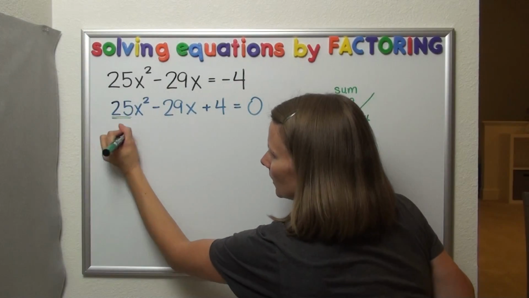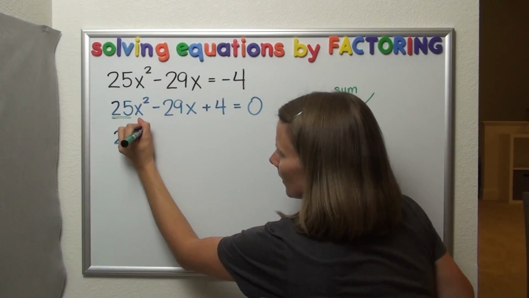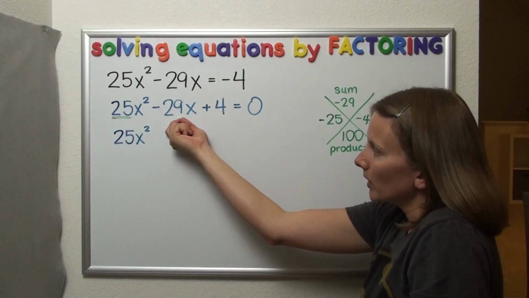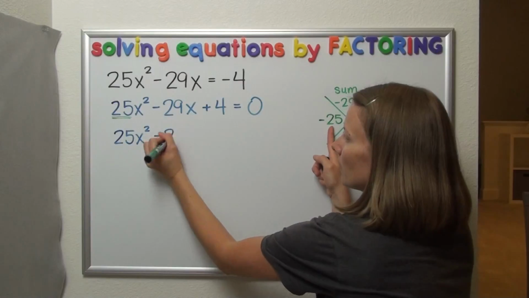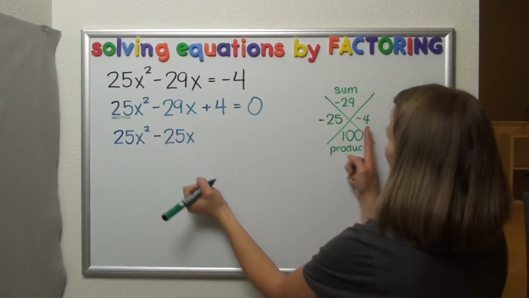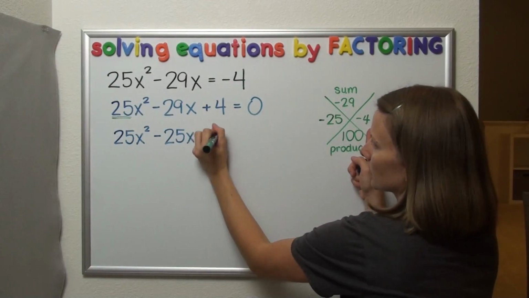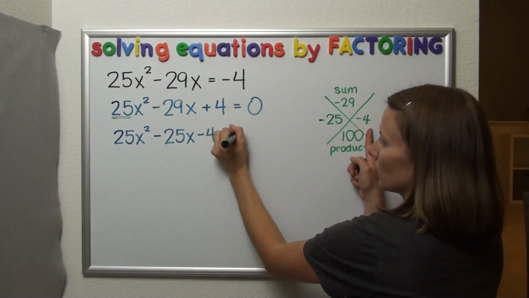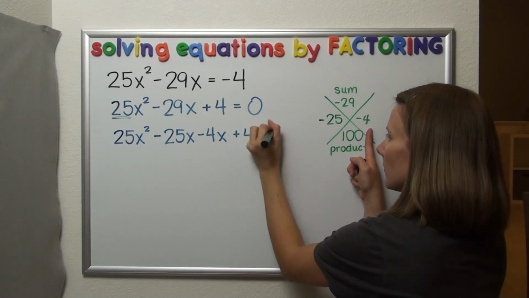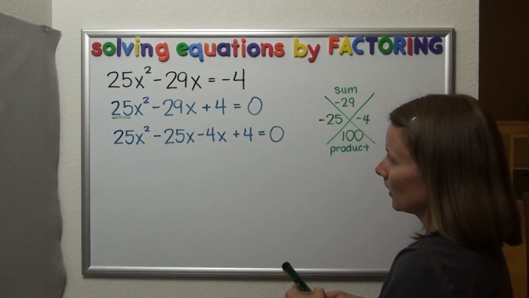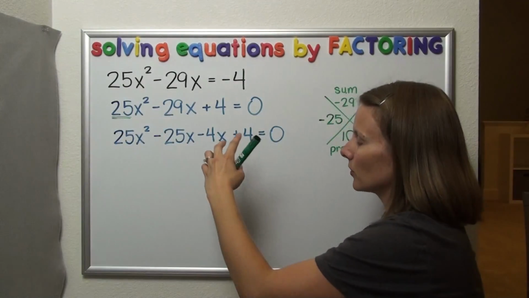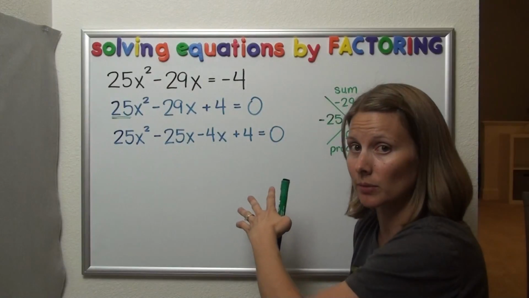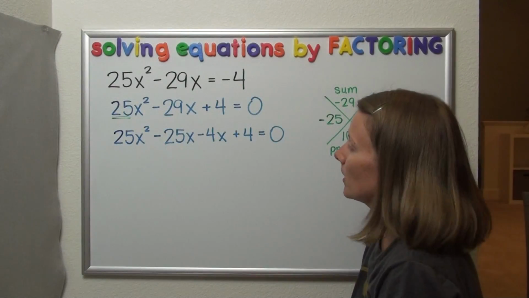So we've got the 25x squared, and now this -29x splits into 2 pieces. It splits into -25x and then -4x. And then we still have the +4 = 0. So what we've done in splitting that -29x, we've created now 4 terms instead of the original 3 that we had.